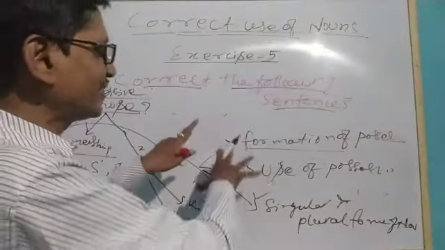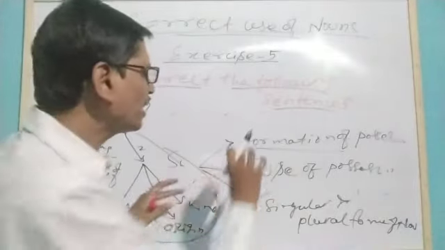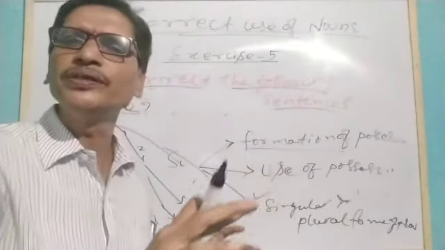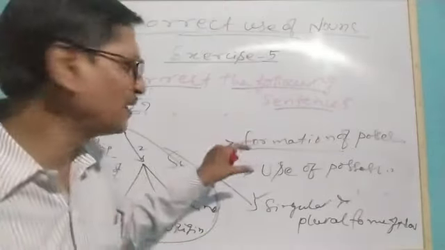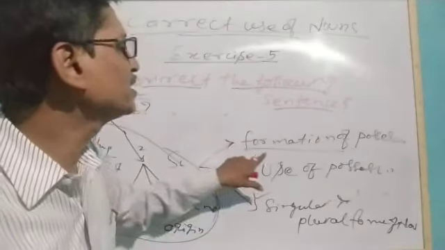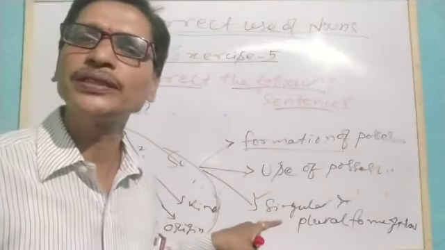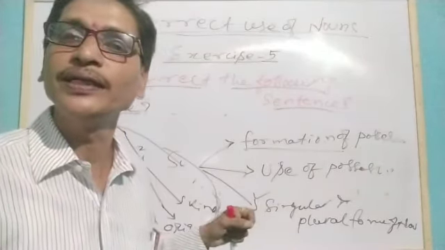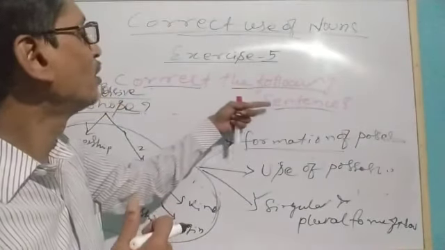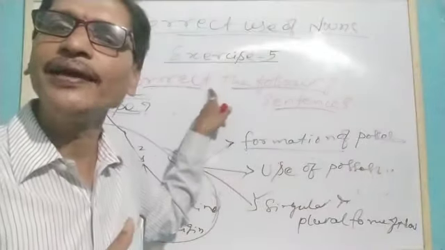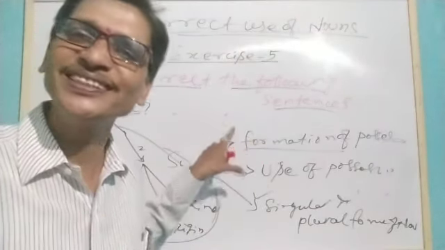Today, before discussing this, let us have some ideas about them. If you want, we can revise every individual subject. Let's understand briefly about the formation and use of possessive, and singular and plural, all those things, so that you can recall, and it will be helpful to solve and correct the errors in the sentences we will be discussing.